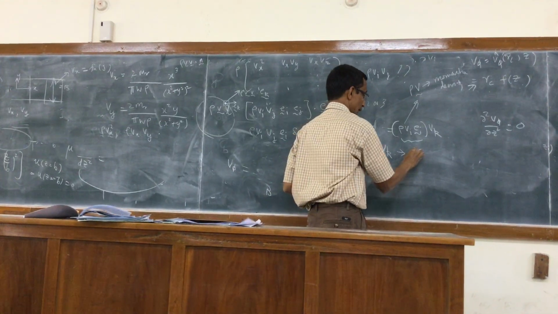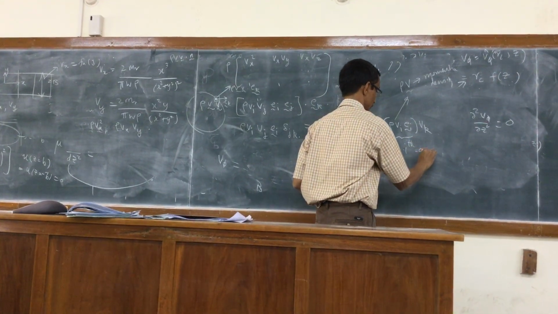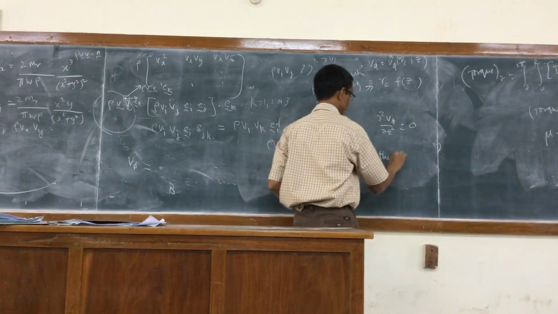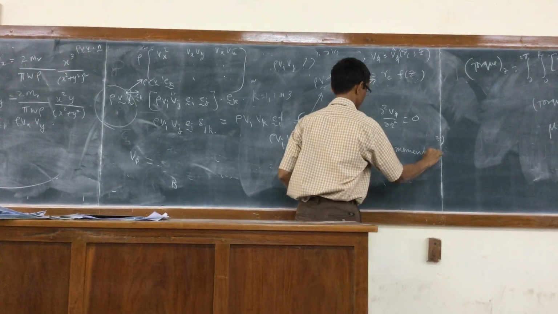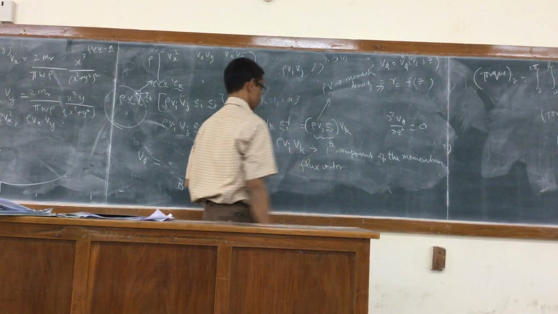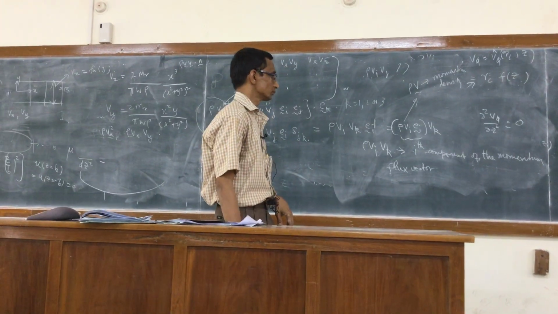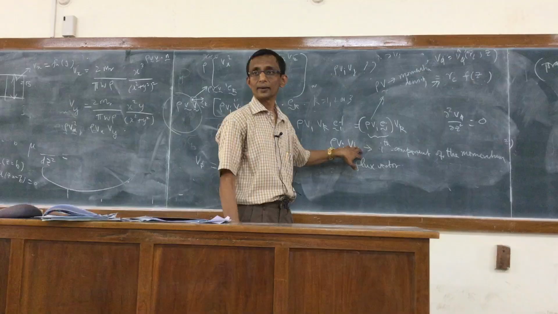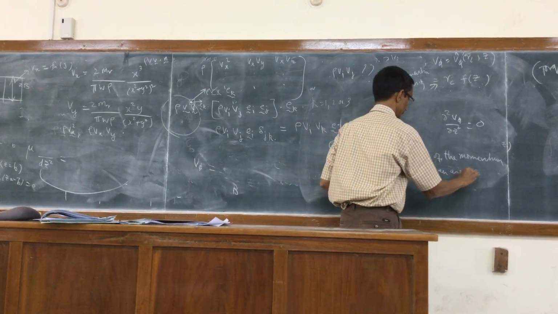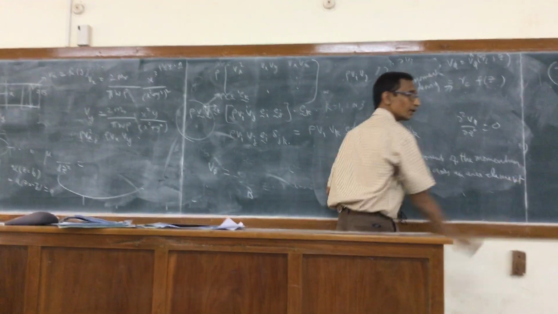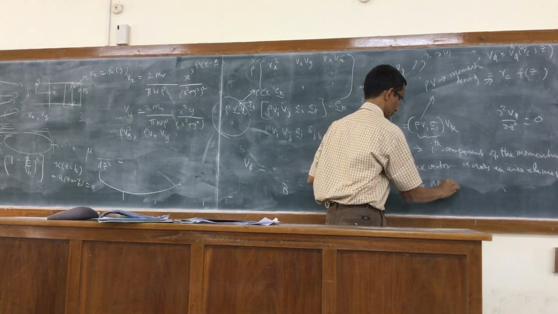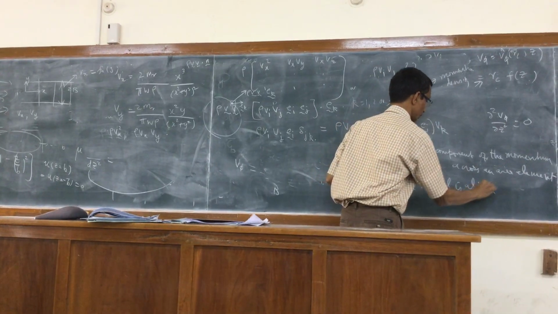It can be regarded as the ith component of the momentum flux vector, the whole thing rho Bi Bk, across an area element whose outward normal is along Ek.